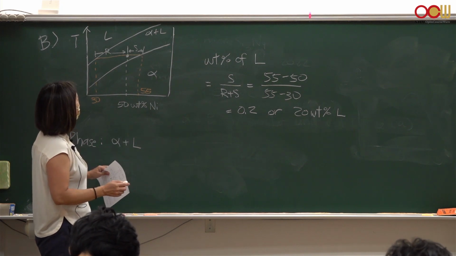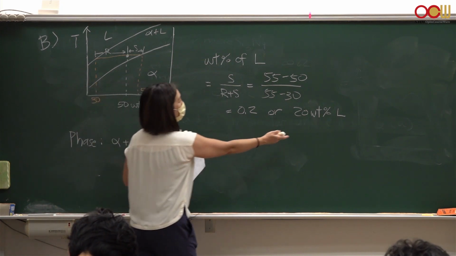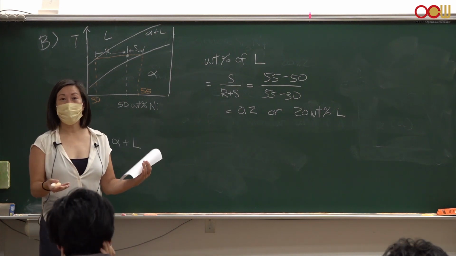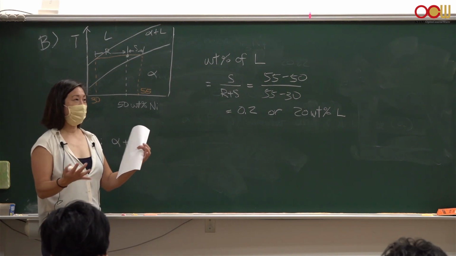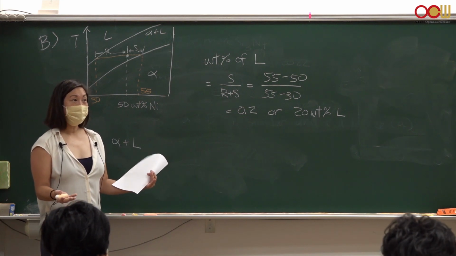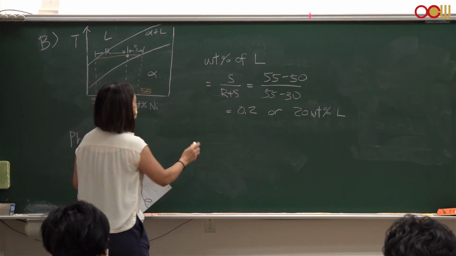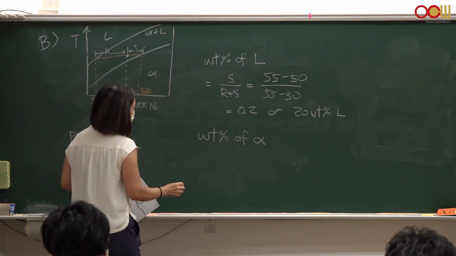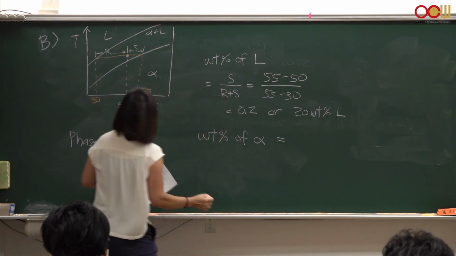We should be able to know, based on this, that we have 80 weight percent alpha because our mixture only has two phases. So if we have only 20% liquid, then the rest must be alpha or solid. But let's calculate that anyway, just to make sure. So alpha, same thing.